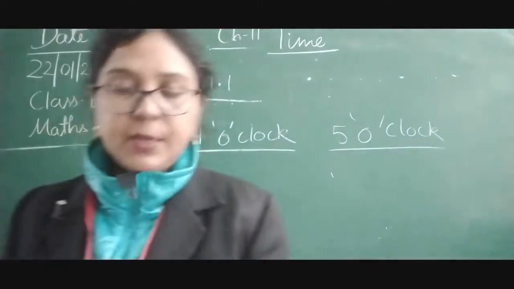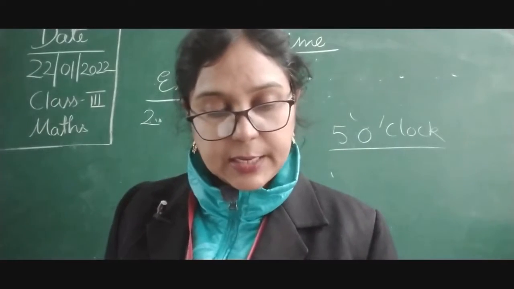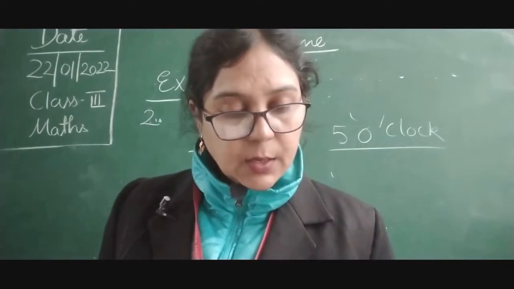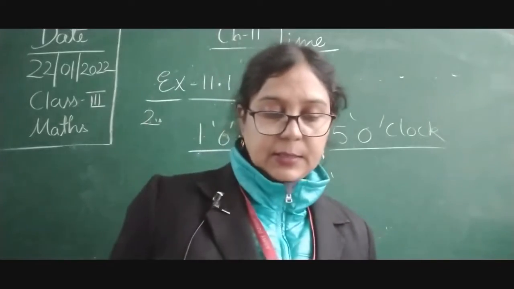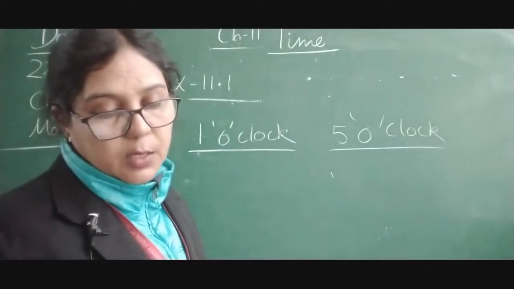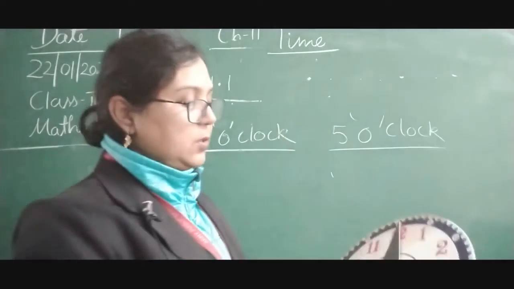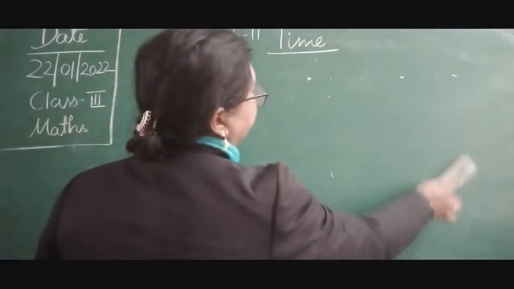Now children, please turn over the page. We are moving to the next exercise, that is, read the time and then draw hands and fill in the blanks. Here, the first one is there. In the first one, we will see the third number exercise.